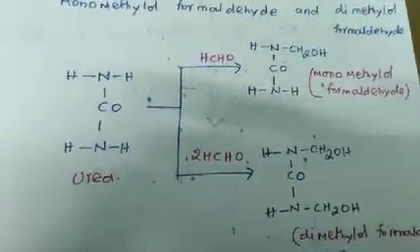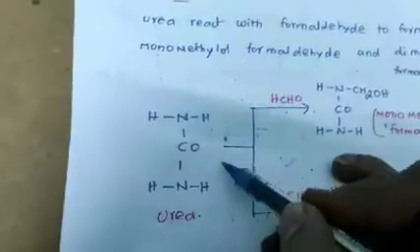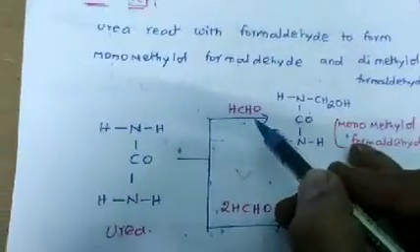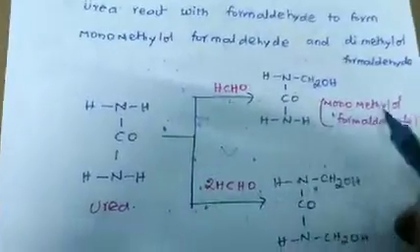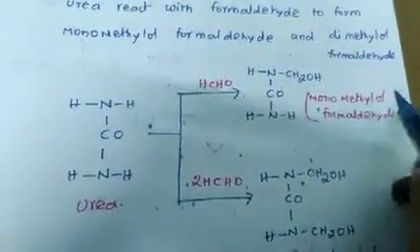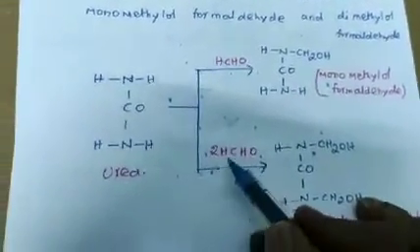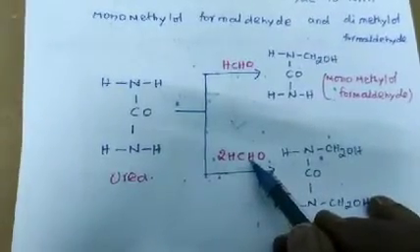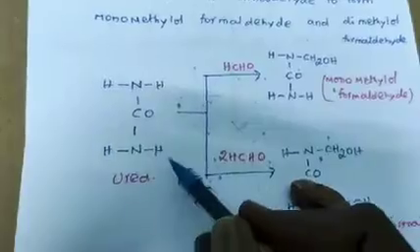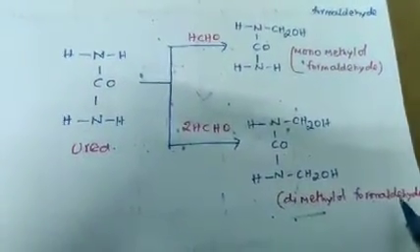The major change we observe is that when urea reacts with 1 mole of formaldehyde, only one hydrogen reacts. With 2 moles of formaldehyde, one mole reacts with this hydrogen and another mole reacts with this hydrogen, giving dimethylol formaldehyde.